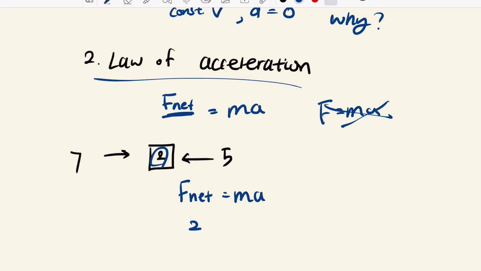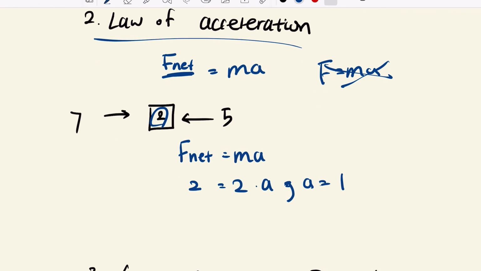So 5 will cancel out and 2 will be left towards the right. So F net equals 2 and mass here is 2, right? So the acceleration would naturally be 1.